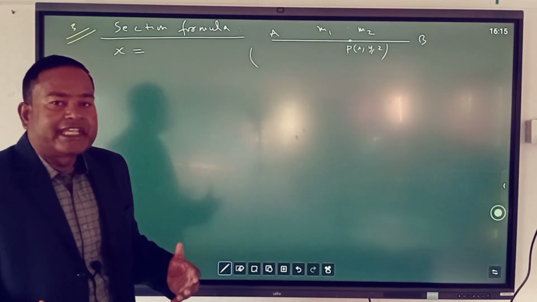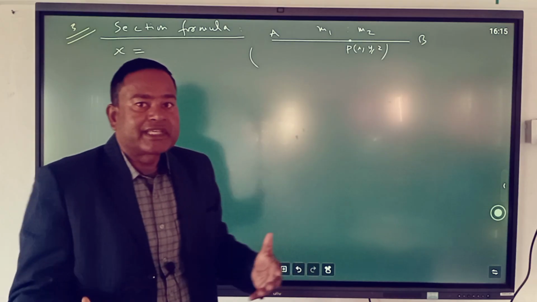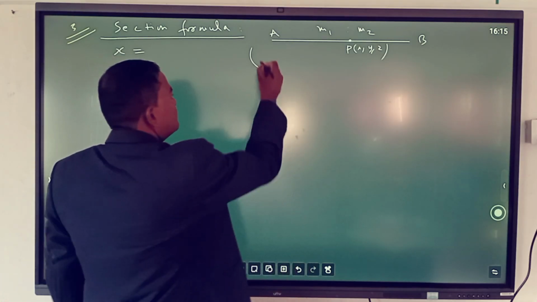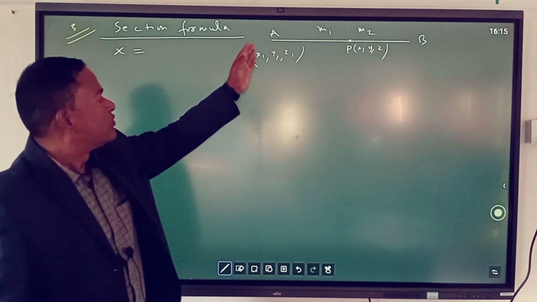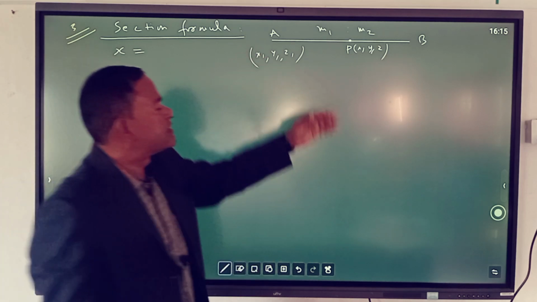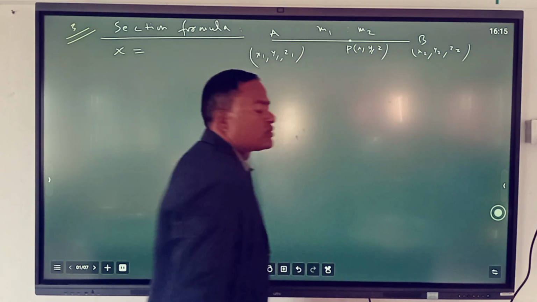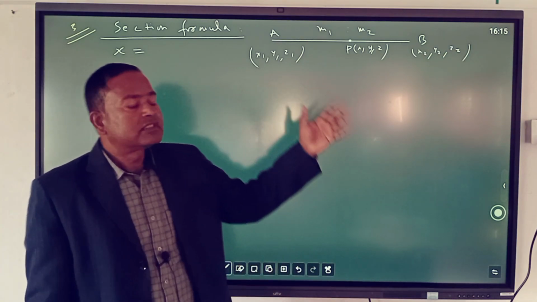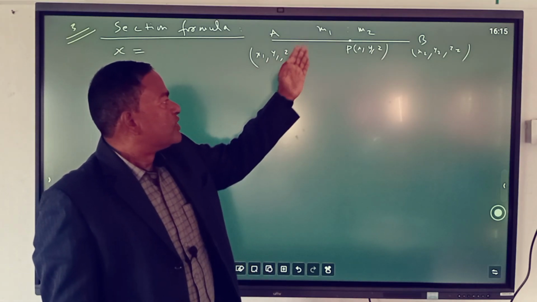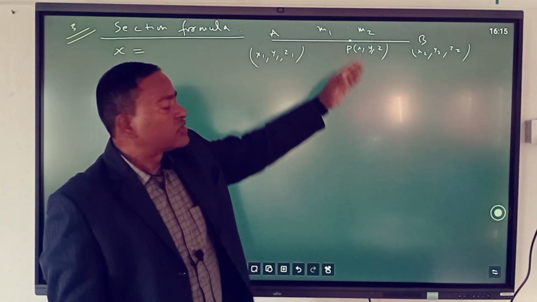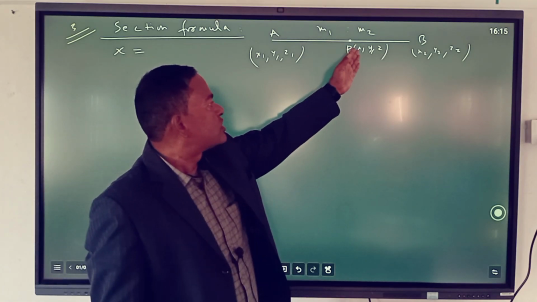The coordinates of the points A and B, the two endpoints of the line segment, will be already given. So dear student, we suppose that x₁, y₁, z₁ and x₂, y₂, z₂ are the two given points, which are divided by the point P in the ratio m₁:m₂.